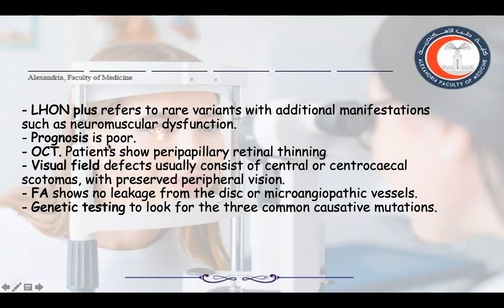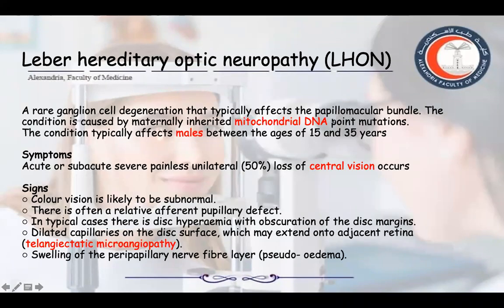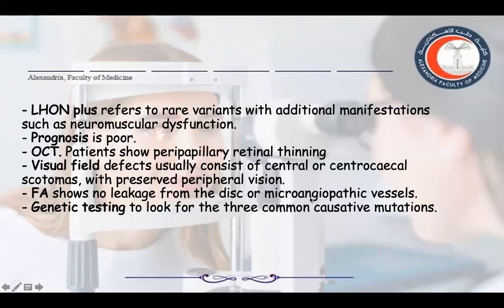Prognosis, unfortunately, is poor. OCT might show peripapillary retinal thinning. Visual field defects may be central or centrocecal scotomas, with a preserved peripheral vision. I have mentioned before, it is a disease of the papillomacular bundle, so the central vision is affected, and we have a preserved peripheral vision.